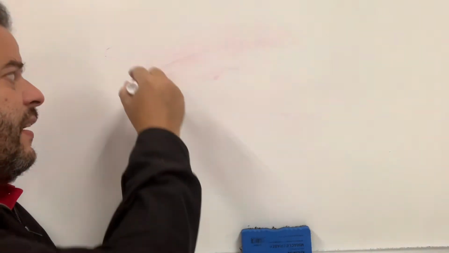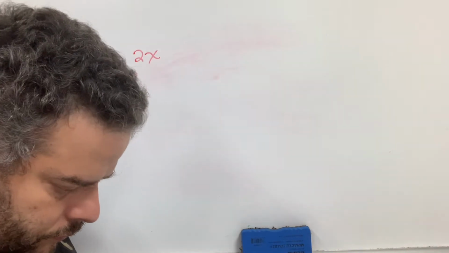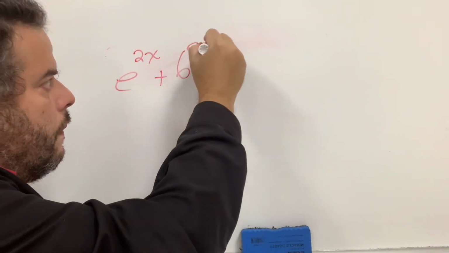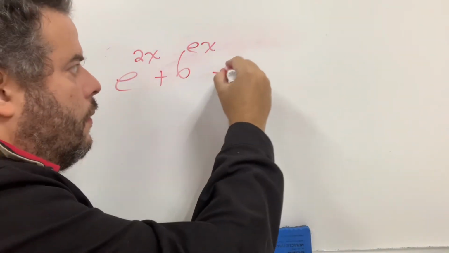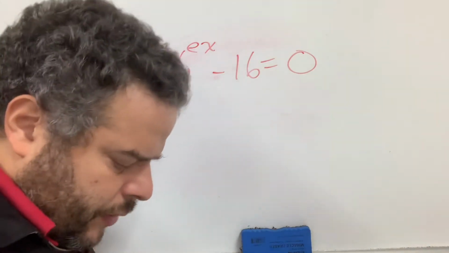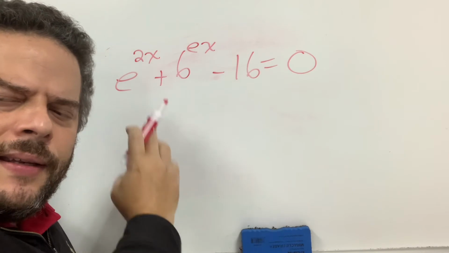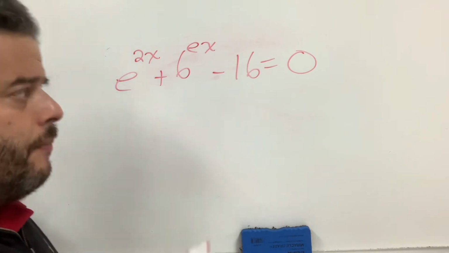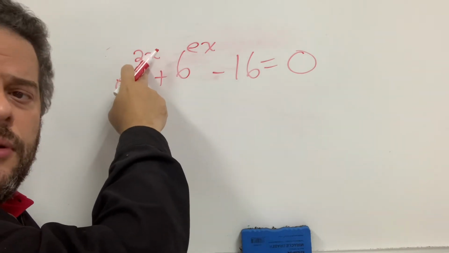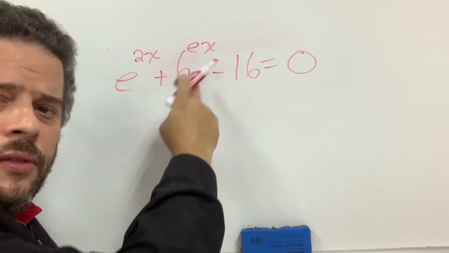So in example 6, even though it looks a little tricky, it isn't. You should recognize this as a quadratic form. 3 terms, a constant, and the first or the leading coefficient has an exponent that is double the middle coefficient.